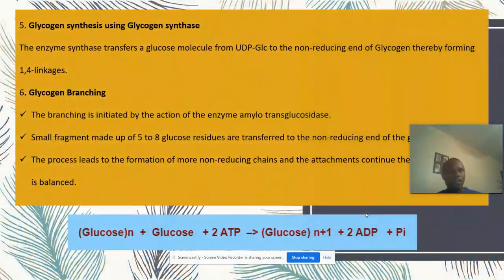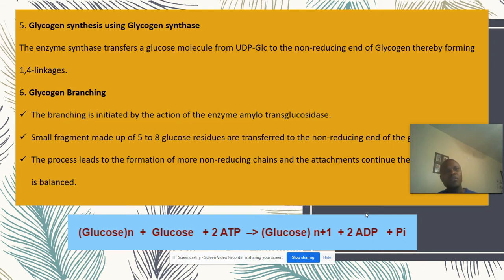Now, the fifth step is glycogen synthesis using glycogen synthase. Here the enzyme synthase transfers a glucose molecule from uridine diphosphate glucose to the non-reducing end of glycogen, thereby forming a 1,4 linkage. After this fifth step, you have glycogen branching, which is initiated by the action of the enzyme amylo transglucosidase.